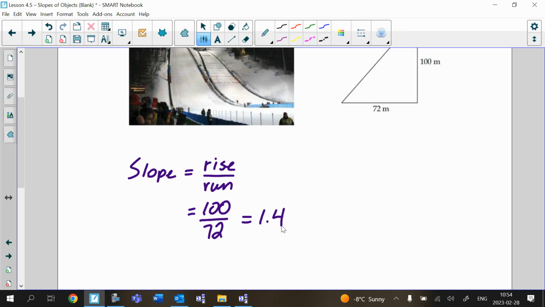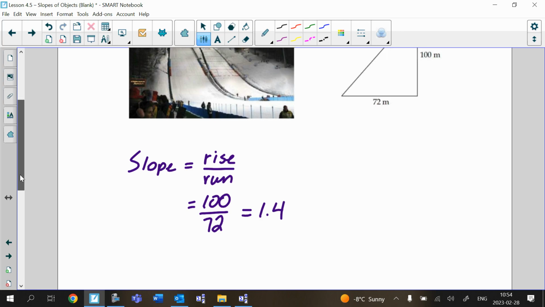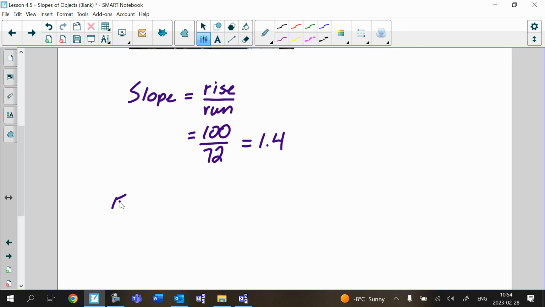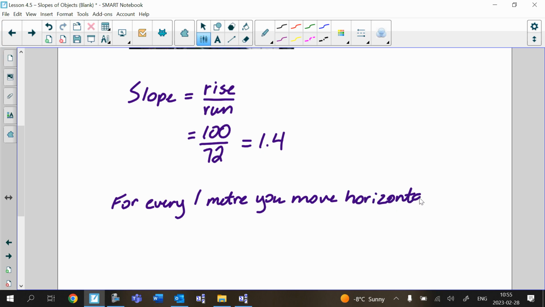That means that for every 1 meter you move horizontally, you go up 1.4 meters vertically.